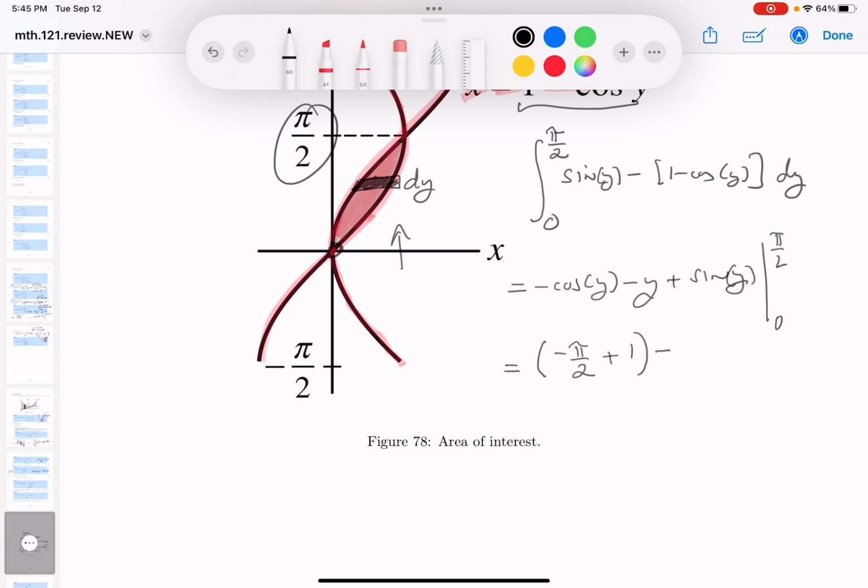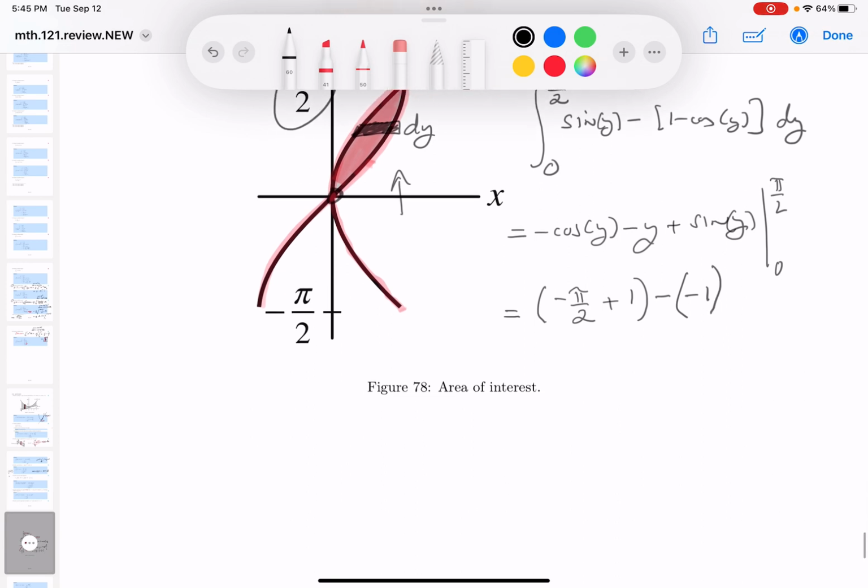Minus the lower limit. The cosine of 0 is 1, so I get minus 1. And then you get 0 and a 0. So put this over here. I've got to be careful. I get 1 minus a minus 1, which is 2. So 2 minus pi over 2. Let me get a common denominator, 2, and that would be 4 minus pi.